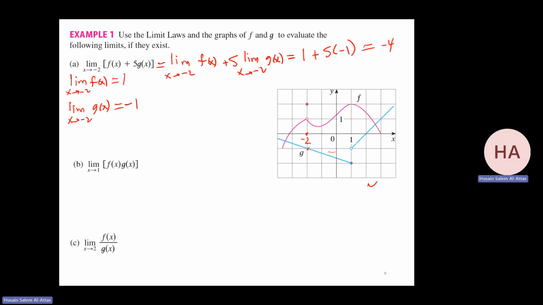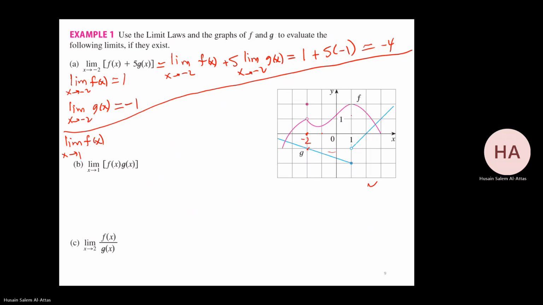Okay, now let me check this one. Let me use this space. So I want the limit as x goes to 1 of f of x. Be careful there. X goes to 1 for f of x, that will be 2. What is the limit as x goes to 1 for g of x?